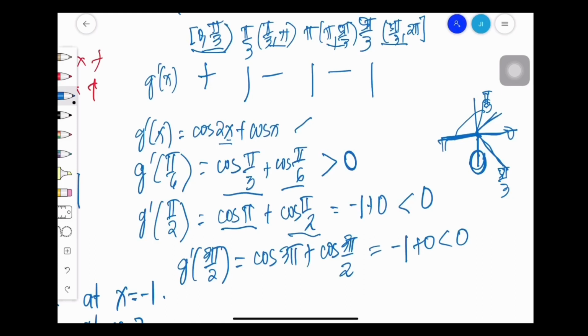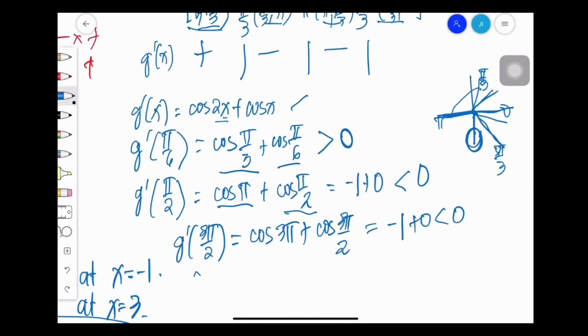Lastly, from 5 pi over 3 to 2 pi, what is the sign of the derivative? Let's pick a special arc length, say 11 pi over 6. So what's g prime of 11 pi over 6? We have cosine of 11 pi over 6 times 2, that is 11 pi over 3, right? Plus cosine of 11 pi over 6.